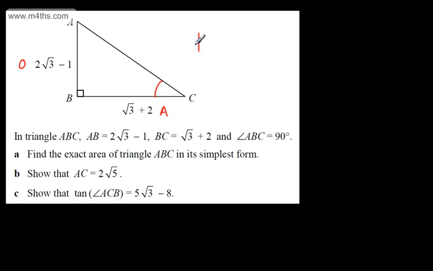The tan of the angle, so we can say tan of ACB will be equal to the opposite over the adjacent. So let's go ahead and do that. So I can write this now as 2 root 3 minus 1 over the adjacent of root 3 plus 2.